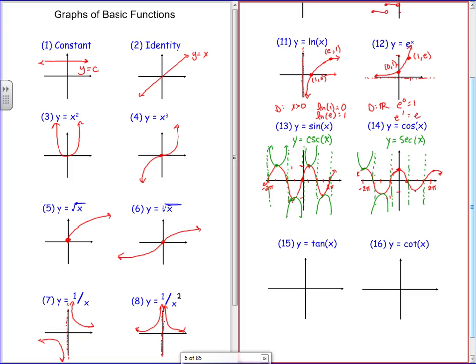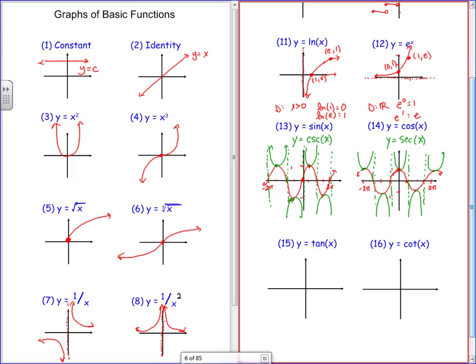That's illegal. And you come, meet, bounce. Come, meet, bounce. I guess you could keep going and draw more vertical asymptotes, but that's the idea.